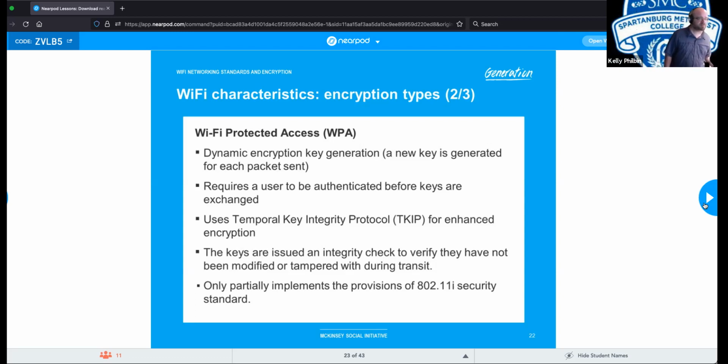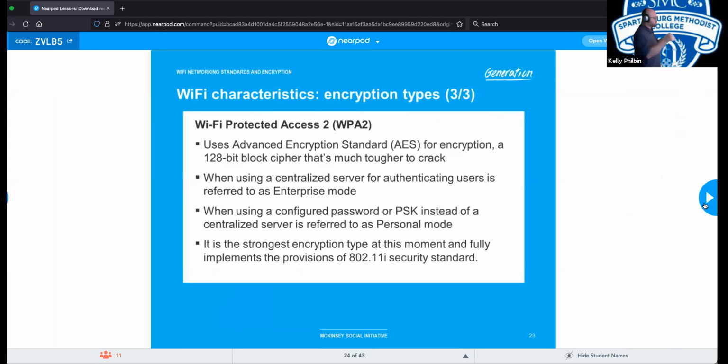But it only partially implemented the standards of 802.11i. This was something to quickly replace WEP when they realized WEP wasn't secure at all. So they threw this into place really quickly before they built up to the next standard, which is WPA2, which uses the Advanced Encryption Standard, or AES.